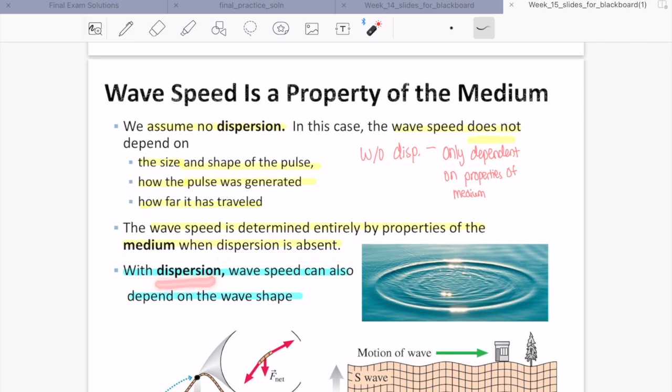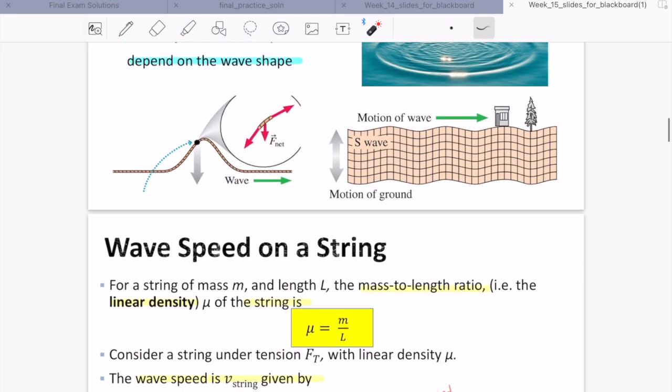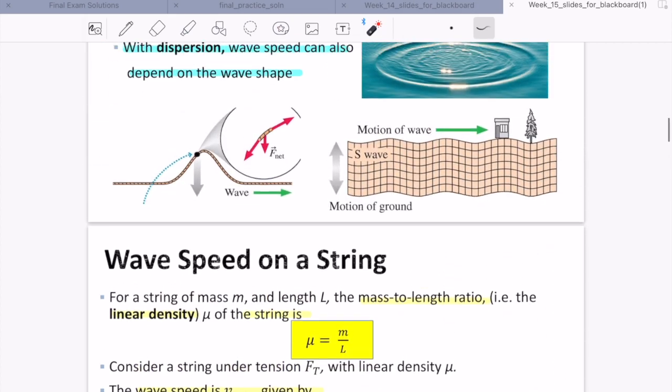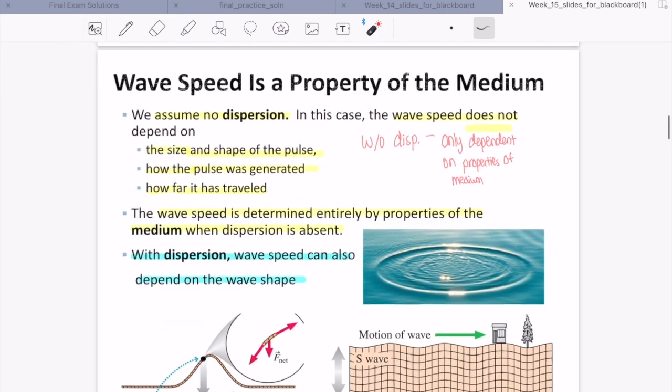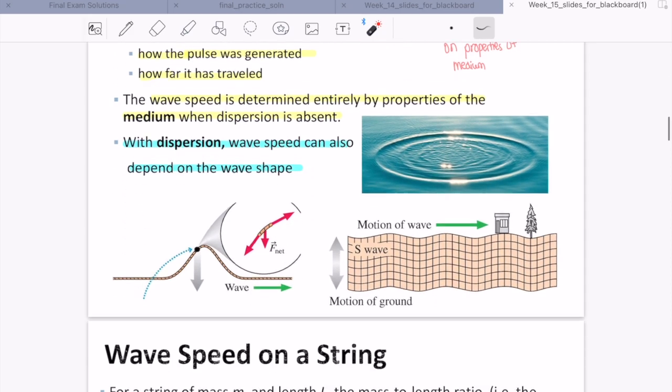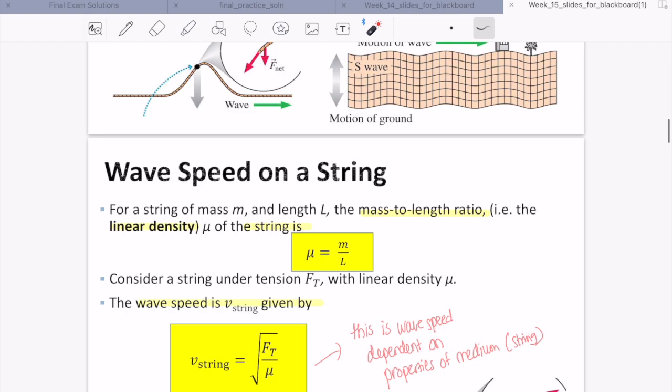If you have dispersion, wave speed is dependent also on the wave shape. So I'll get to what we mean by all this in a second, but basically, if you don't have dispersion, wave speed is only dependent on properties of the medium. And if you do have dispersion, it's the properties of the medium, and it can also depend on the wave shape itself.